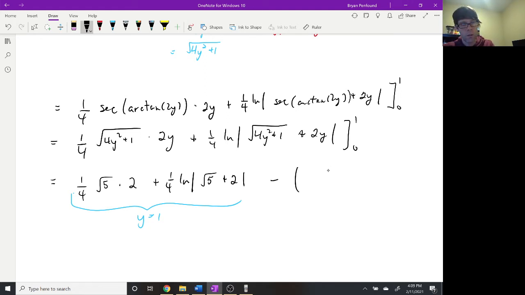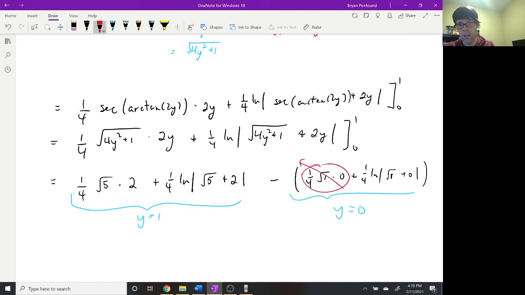So we get 1/4 square root 1 times 0, plus 1/4 logarithm square root 1, plus 0. All of this is me subbing in y equals 0. It turns out that the first part just becomes 0, because we're multiplying by 0.